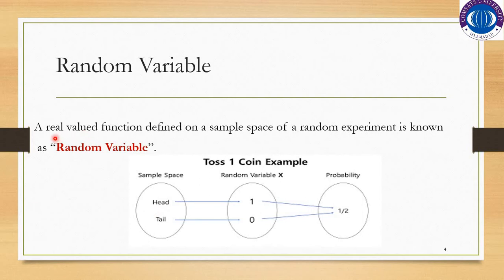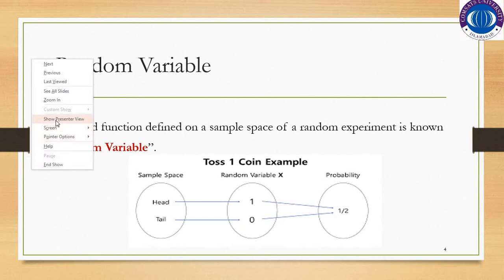Like we are saying, it is a real valued function defined on a sample space. So, if the head occurs, we will represent it with 1. If the tail occurs, we will represent it with 0.